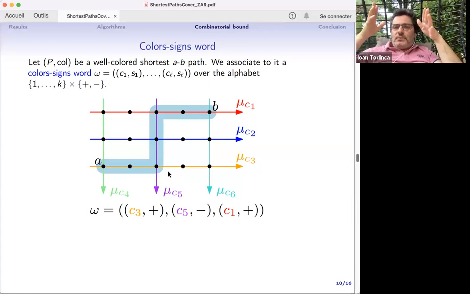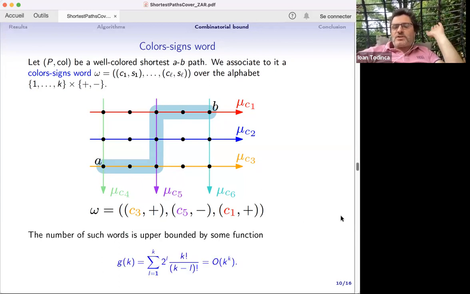Let me note that this word is of length at most k. It has no repetitions, and I have at most 2k letters because I have the k colors with a plus or minus sign. So it's obvious that the number of such words is bounded by a function of k. Whatever the function is, it won't be relevant. It's a factorial function for sure.